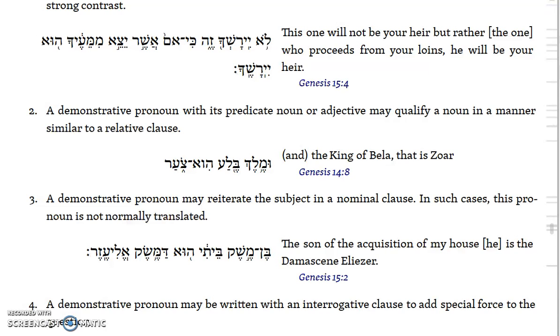But it could just be translated, the son of the acquisition of my house is Eliezer of Damascus. In this kind of clause, the "who" is almost translated as if it's the verb to be, "is," instead of translating it "he."